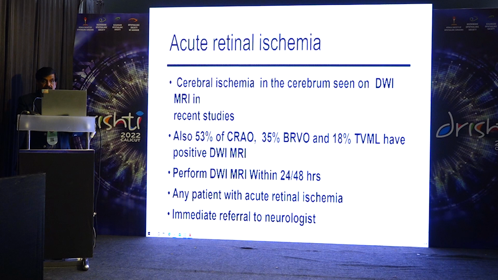So that indicates these are microinfarcts, so they have the same sort of inflammation, occlusion in the brain as well. So we need to do, that is a newer thing now, perform DWMRI within 24 to 48 hours. So any patient with an acute retinal ischemia, immediate referral to the stroke neurologist. That is one take-home message that we have.